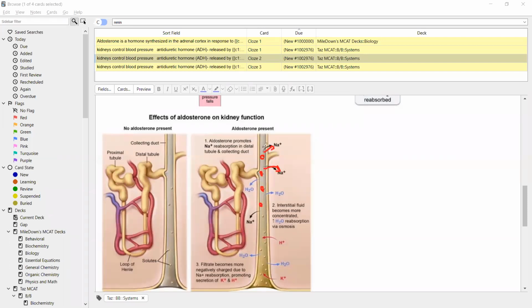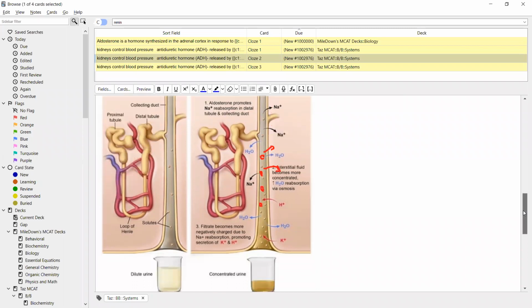So basically, to understand what's going on here, anything that goes down is going to be urinated out. Anything that's taken out into the tissues is going to be retained by the body. So before the sodium gets urinated out, the aldosterone is going to encourage that it gets removed and kept by the body.